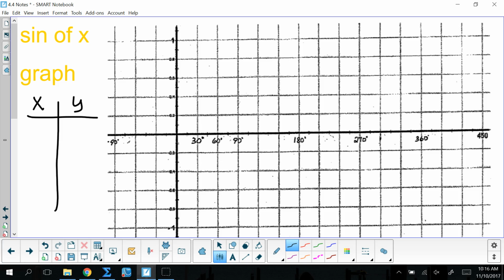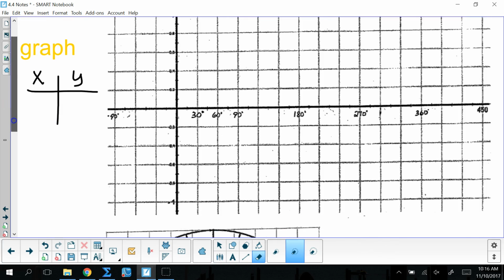You'd pick x values to go into your function, get out a y value, and then graph the point x comma y. You've done it enough times.